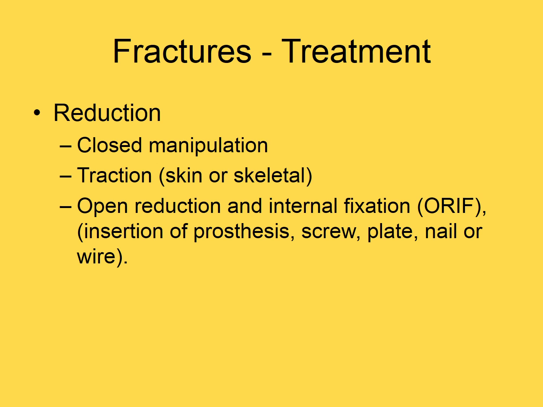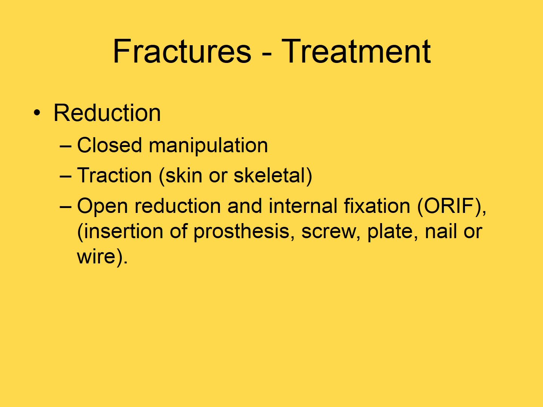So reduction. Reduction means that we are going to try to restore the bone to proper alignment, right? Closed reduction is performed usually by manual manipulation, and it's usually done under local or general anesthesia.